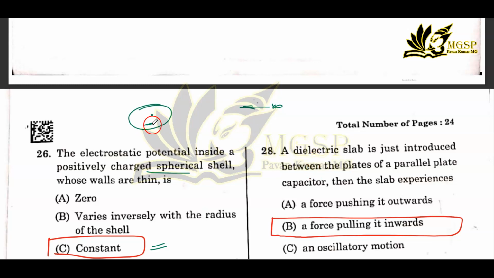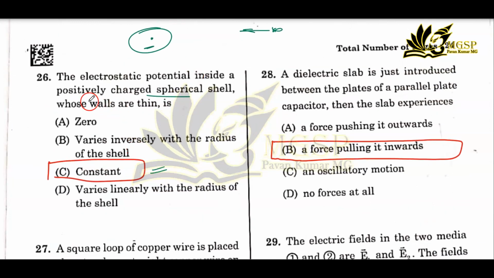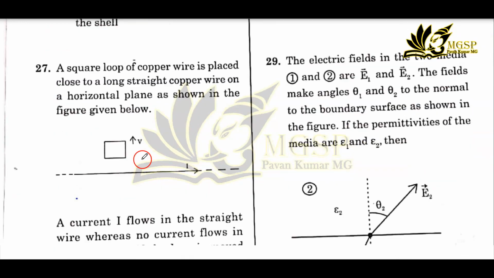So it doesn't matter, it is the wall. Usually potential is taken from infinity. Okay. So here they have asked to find it inside a thin shell, so obviously here it will be constant. This also I have explained in our class.